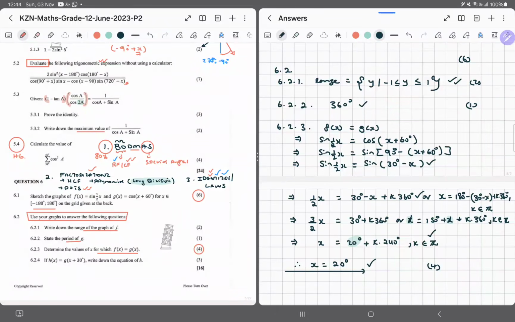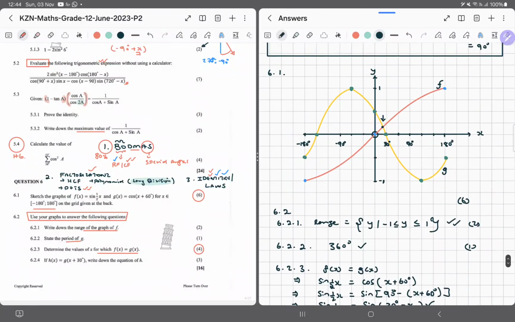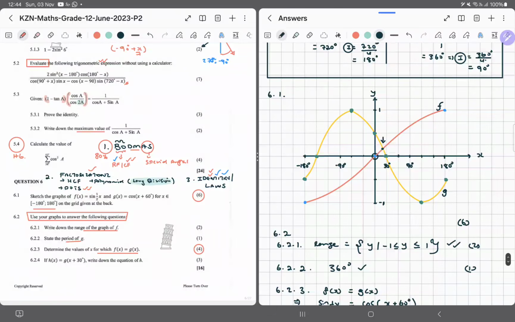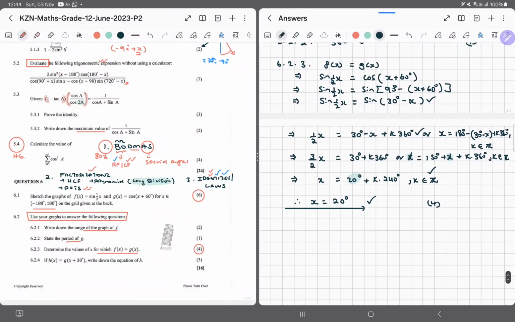I'm not too sure really how this is marked. Sometimes it gets a bit complicated, but I often find the general solution route as safe, because you don't miss any other points of intersection that we need. All right, folks, this is all good. So we leave it there.